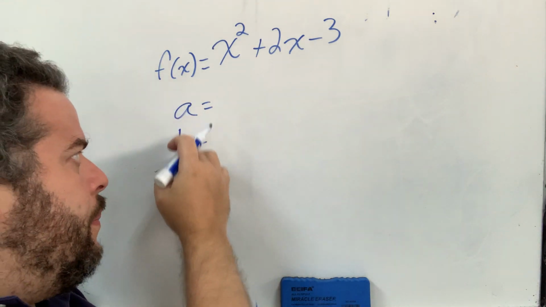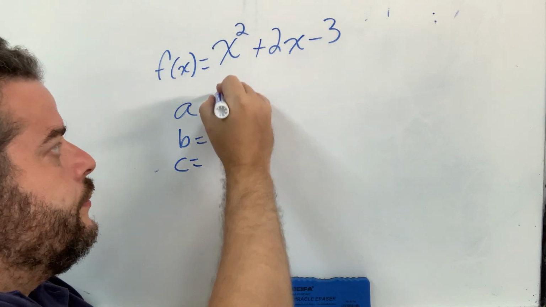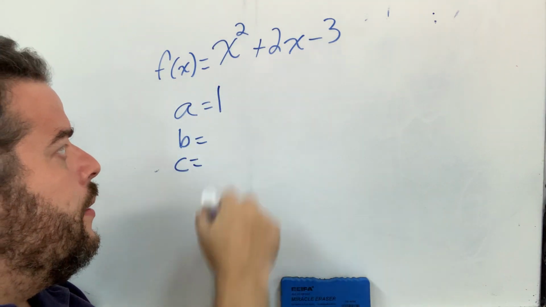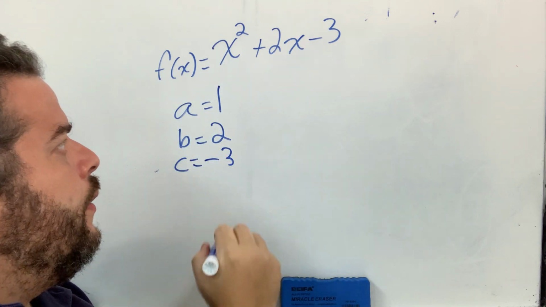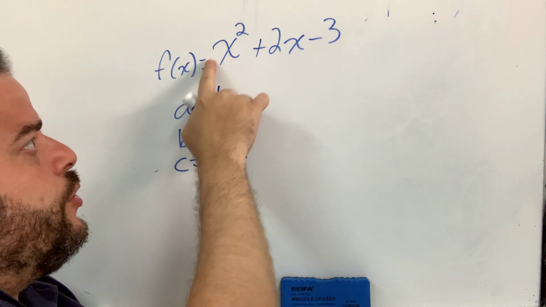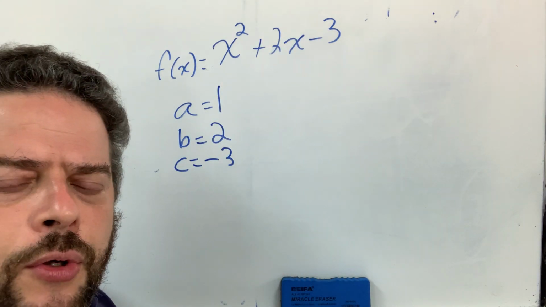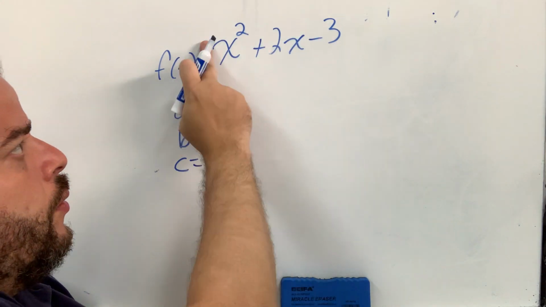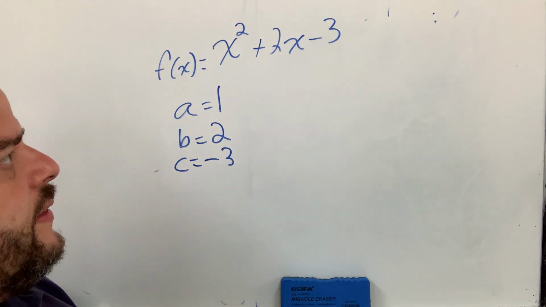So just write A, B, and C, then you look at your A. Well, in this case it's 1. You look at your B, positive 2, and you look at your C, negative 3. Remember, A, B, and C only refers to the numbers, not the variables or letters. So you only focus on the numbers. 1, 2, and 3. A, B, and C.